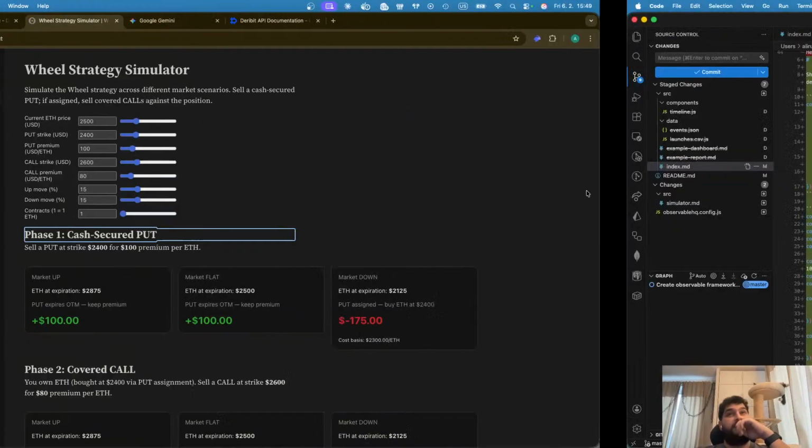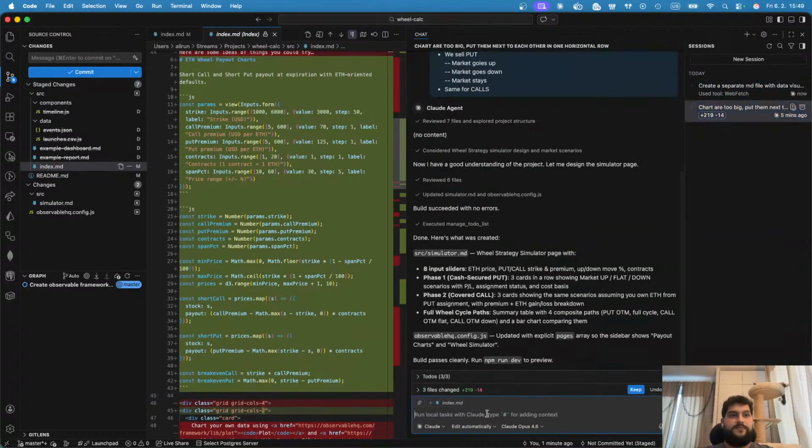Okay. Question. Let's ask a question. If I write a JS or even TS file separately, is it possible to import it?